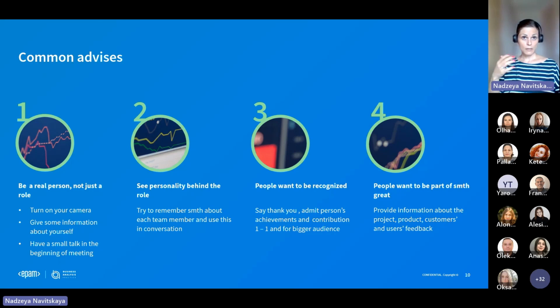So what we did in our team, our daily starts at 10:35 a.m. But people usually connect 5 minutes before, like 10:30.